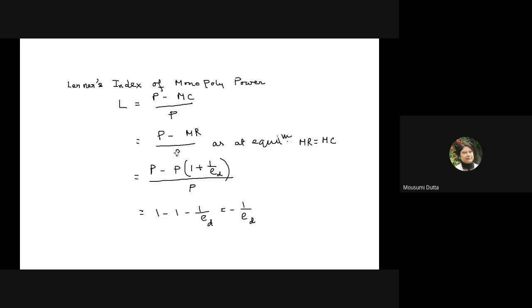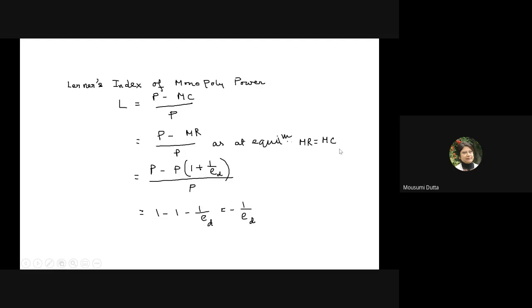So P minus MC divided by P is the measure of monopoly power. This is called the Lerner's index. Now this MC will be equal to MR at the profit maximizing situation.